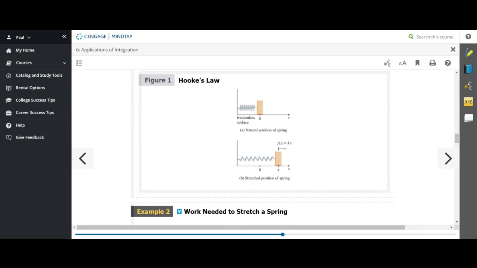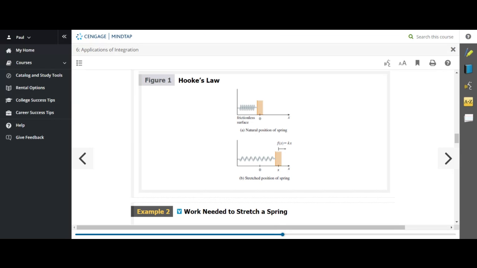So you see there in figure 1, you have a spring, and there's an object attached to it in a neutral position. They're assuming there's no friction on the surface, because damping makes things more complicated. But we handle that kind of situation in differential equations, Math 282. For now we're dealing with a frictionless surface.